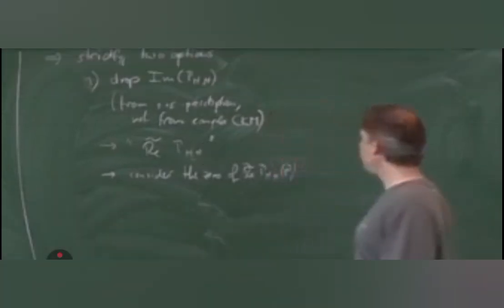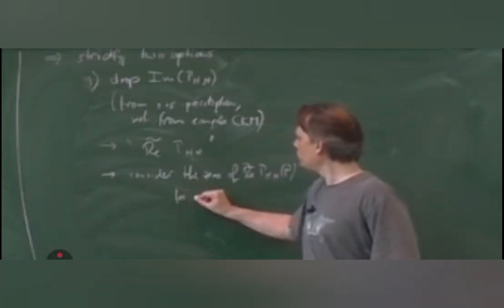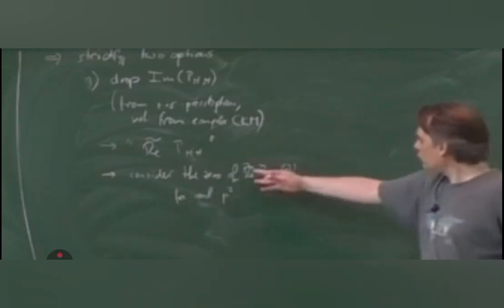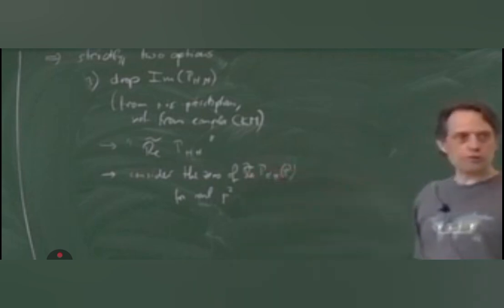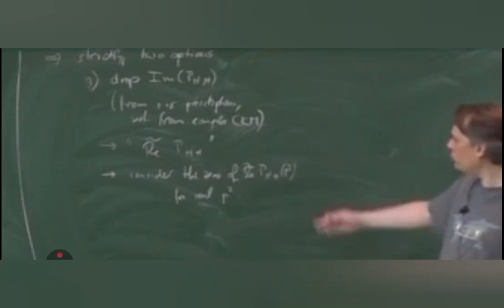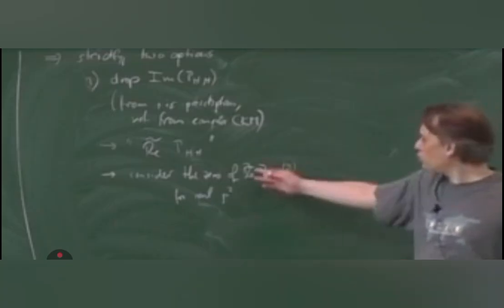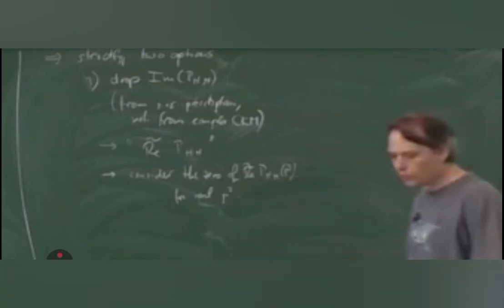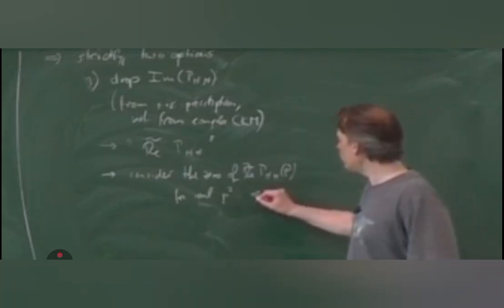So then we would consider the 0 of real part tilde gamma HH of p square for real p square. So then it is clear that since the real part of gamma HH of p square, so you have a real function of a real variable which is somehow continuous, therefore for some real value of p square this real part will have a 0, and that is the 0 which we are searching for in the on-shell renormalization condition. So that is one possibility, and that is what we will assume here.